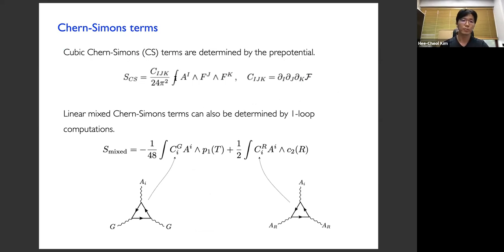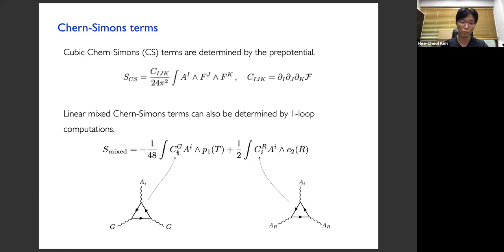The low energy theory also involves various Chern-Simons couplings. So there are cubic Chern-Simons terms for the gauge and flavor symmetries, and the coefficient in front of this Chern-Simons term is computed by taking the third derivative of this prepotential. There are also linear mixed Chern-Simons terms. The first term is the gauge and gravity mixed Chern-Simons term, and the second term is the gauge and flavor symmetry mixed Chern-Simons term.